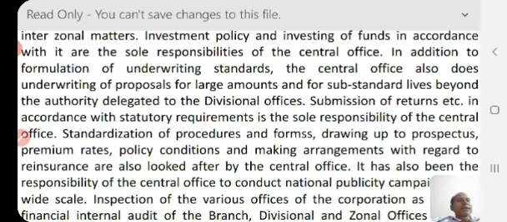It formulates where the funds of LIC should be invested, why they should be invested, and what the consequences are. These are studied, and the policies are formulated by the central office.